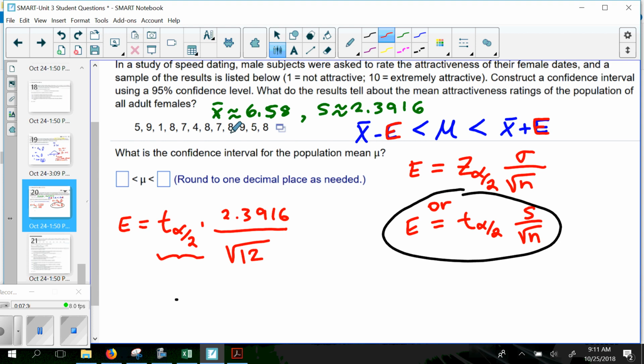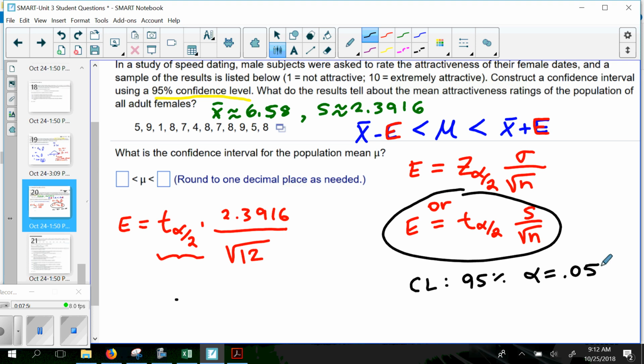For this problem, it says to use a 95% confidence level. What that means is that our significance level alpha, with a confidence level of 95%, is 0.05.